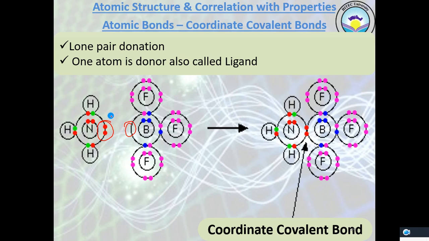So what will happen? This lone pair will be completely donated to boron. One atom is called the donor, also known as the ligand. In this case, nitrogen is your ligand, and it will form a coordinate covalent bond with the boron. So NH3 and BF3 have a coordinate covalent bond between them.